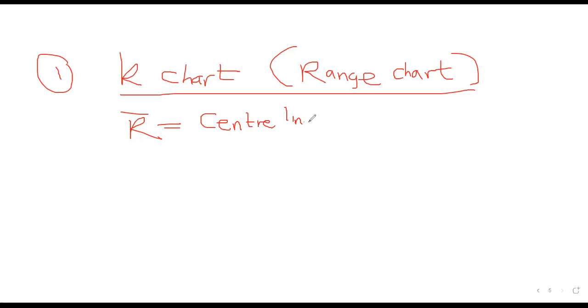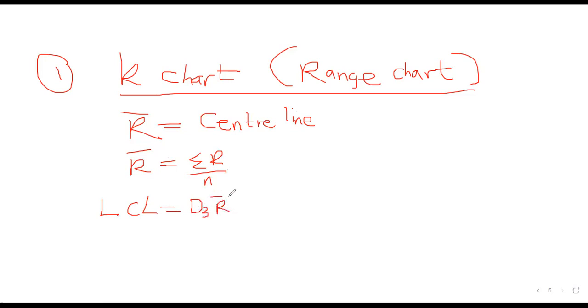The R bar is equal to the summation of R over N. The lower control limit is equal to D3 R bar.